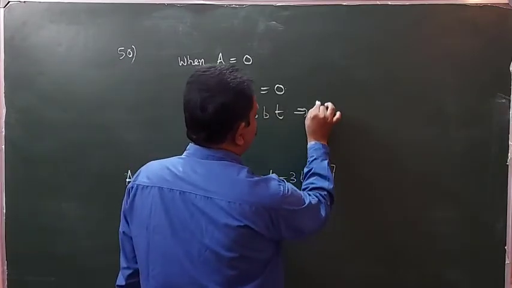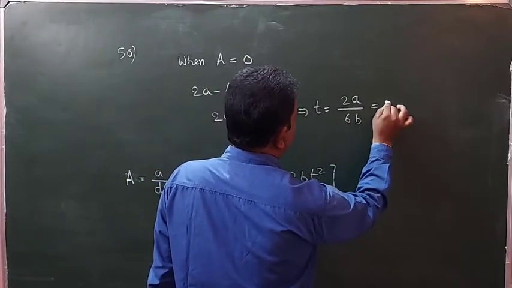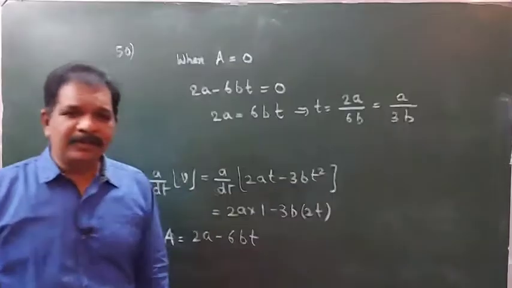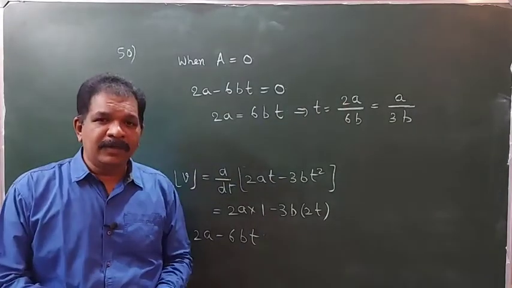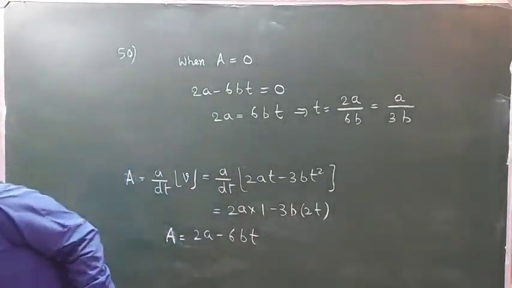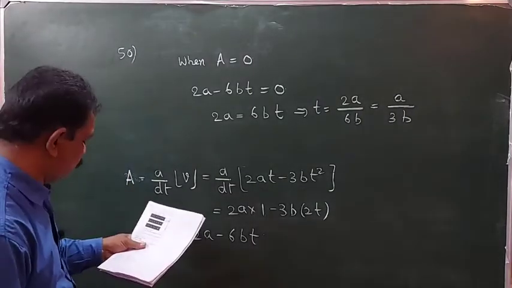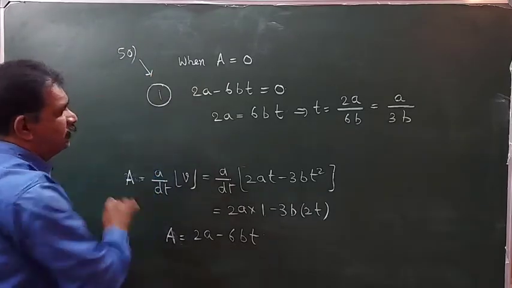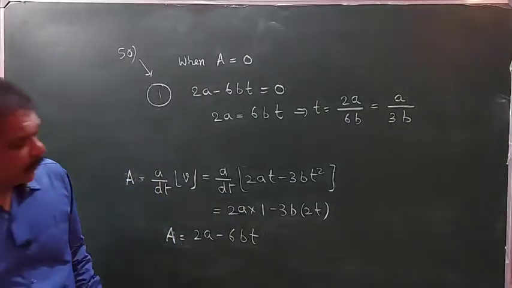From this, t is equal to 2a by 6b, which is equal to a by 3b. So the time value will be a by 3b. Clear? So what will be the option for that? If we consider the first option. Clear? Next.